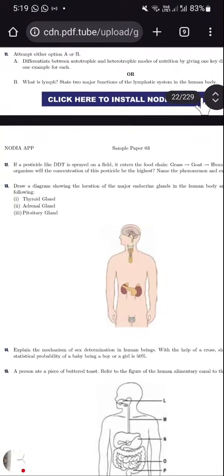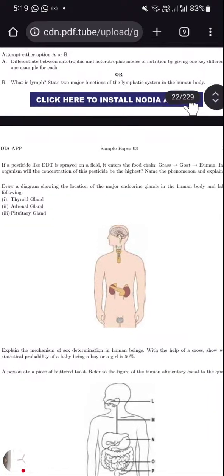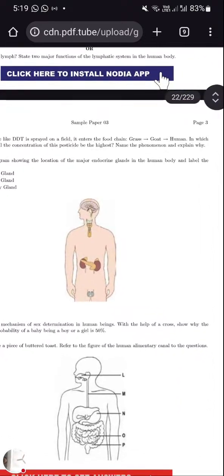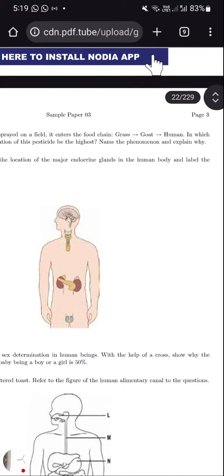Next one: if a particle like DDT is sprayed on a field, it enters the food chain from grass, goat to human beings. In which of the three trophic levels is its accumulation highest, and what do we call this process of accumulation? You need to write the name of the process and explain why the accumulation is more in human beings.